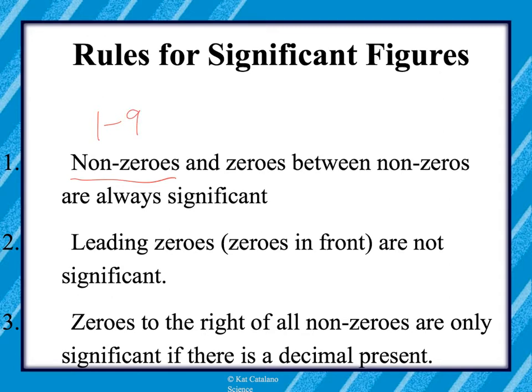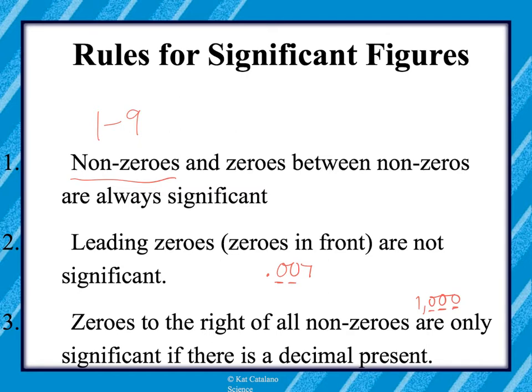Leading zeros, those are zeros in front of a number. For example, 0.007. Those two zeros are called leading zeros. And then trailing zeros to the right of non-zeros are also not significant. So for example, in the number 1000, those 3 zeros are not considered significant digits.